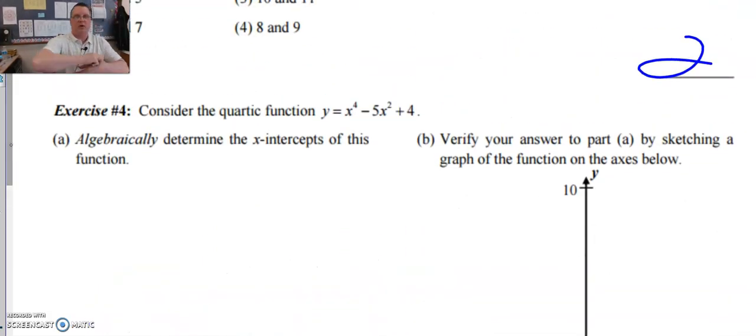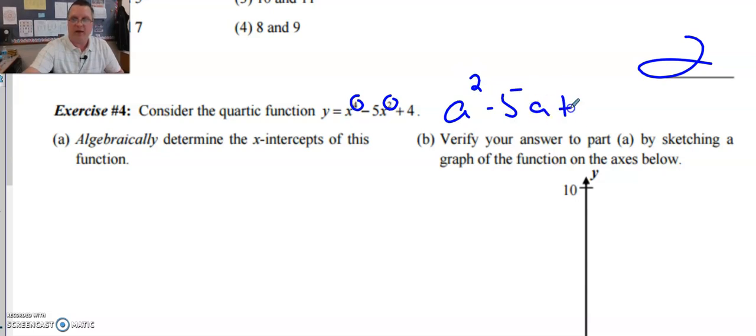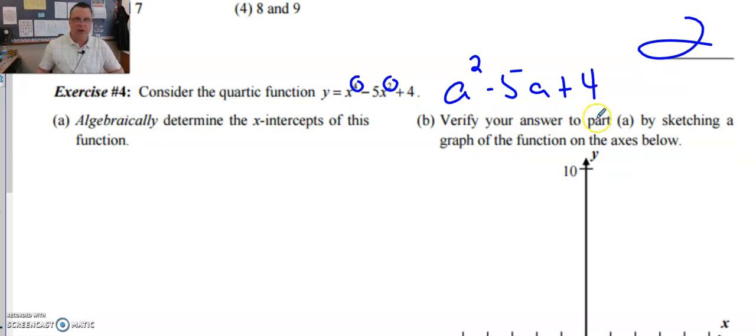Now, for this, you can treat it as if it was a squared minus 5a plus 4, as long as it goes down 4, then x to the fourth, x squared, and then x to the 0 power. If I have this a, it would be a minus 4, a minus 1.